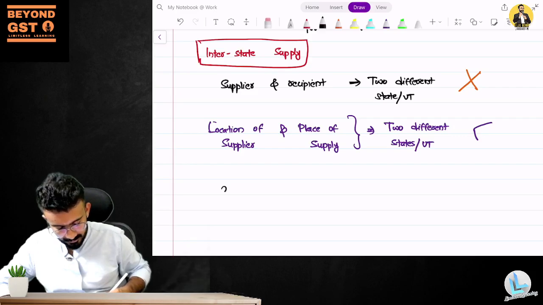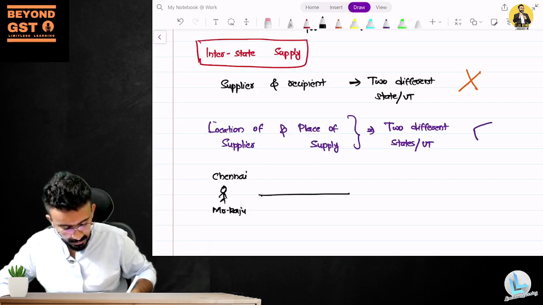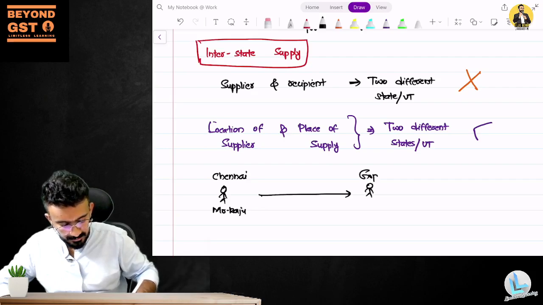Same. It could be the case that Mr. Raju from Chennai is supplying to Mr. Gopal, who is from Coimbatore.